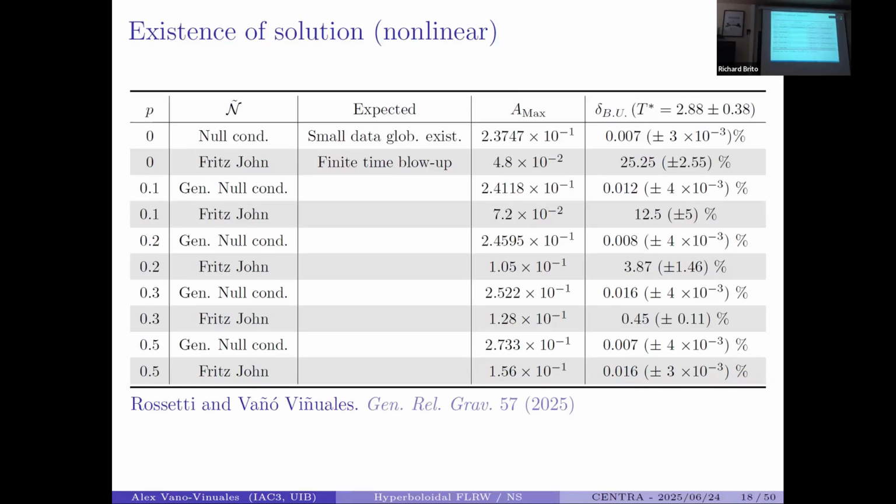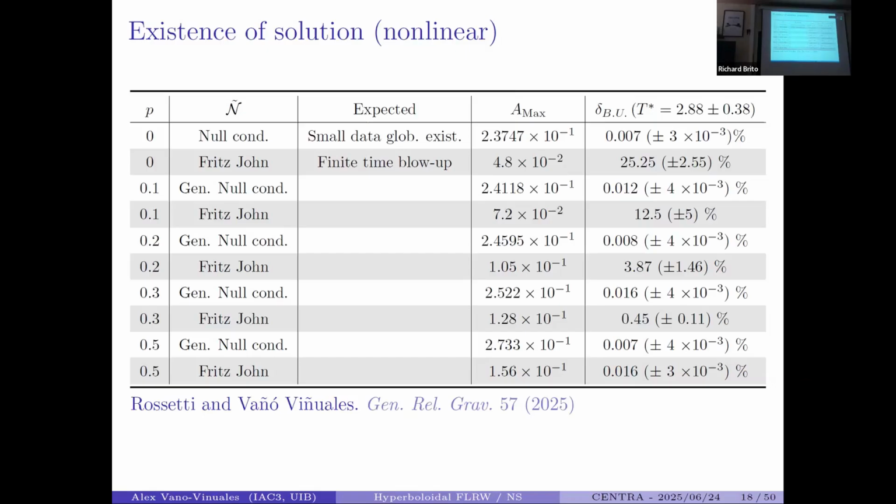However, for the Fritz John case, where we expect blow up, this was a much larger value, because maybe we're not seeing blow up at t equals 10, but we're going to see it maybe at t equals 30. That's why this value is large.